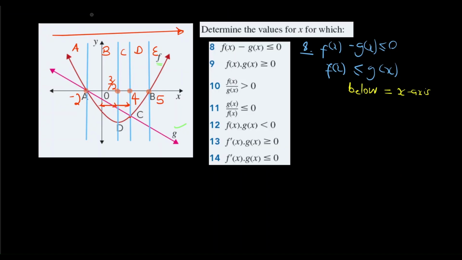Using x values, x is greater or equals to -2, and x is less than or equals to 4. Or we can also write the answer as x is an element of [-2; 4]. And that will be the answer.